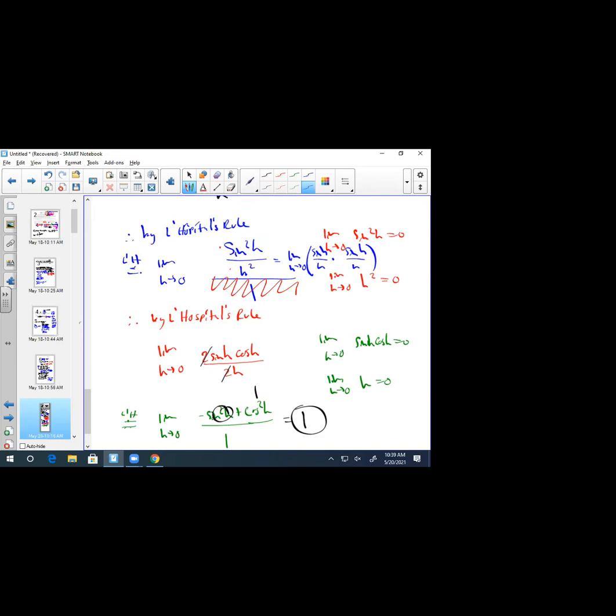Sine of h over h, the limit as h approaches 0 of that is just 1. And then you're applying that twice. You multiply that 1 by 1 and you're going to get 1. Or you continue using L'Hopital's rule a few more times. In any event, it doesn't really matter you writing out the steps because, again, this is just a multiple choice question. So that's what we got going on there.